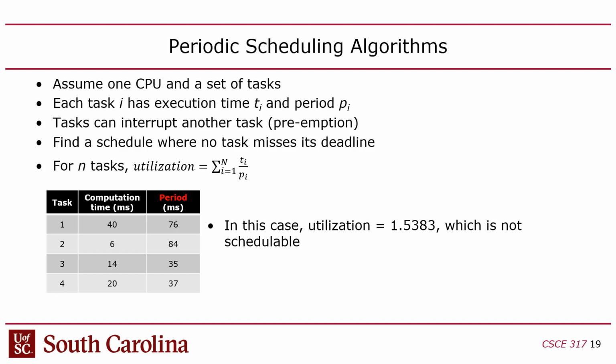Another thing is that generally we can assume that tasks can interrupt another task. Because if a task is running and another task switches from being asleep to being ready, we can interrupt the current task and make it go from executing to ready. In other words, we can suspend execution to allow another task to run when it becomes ready.